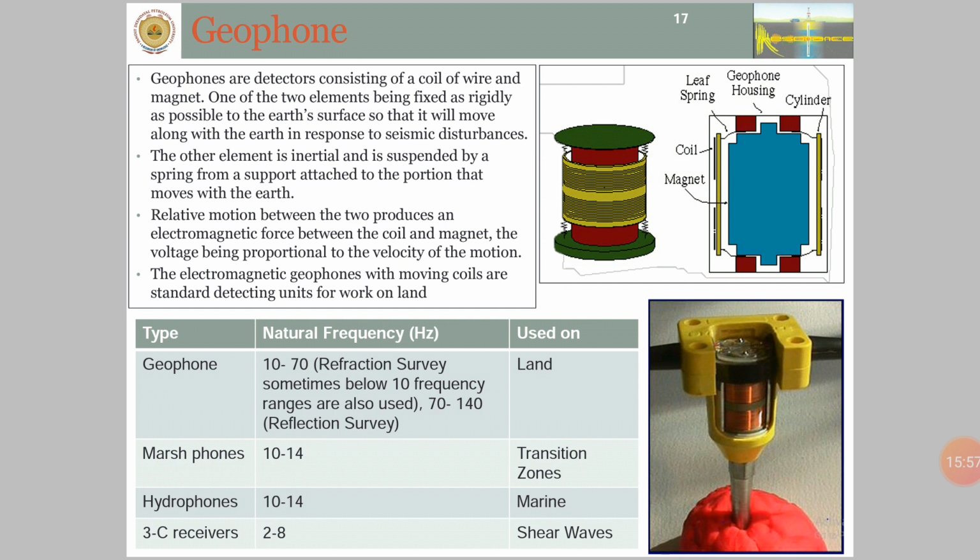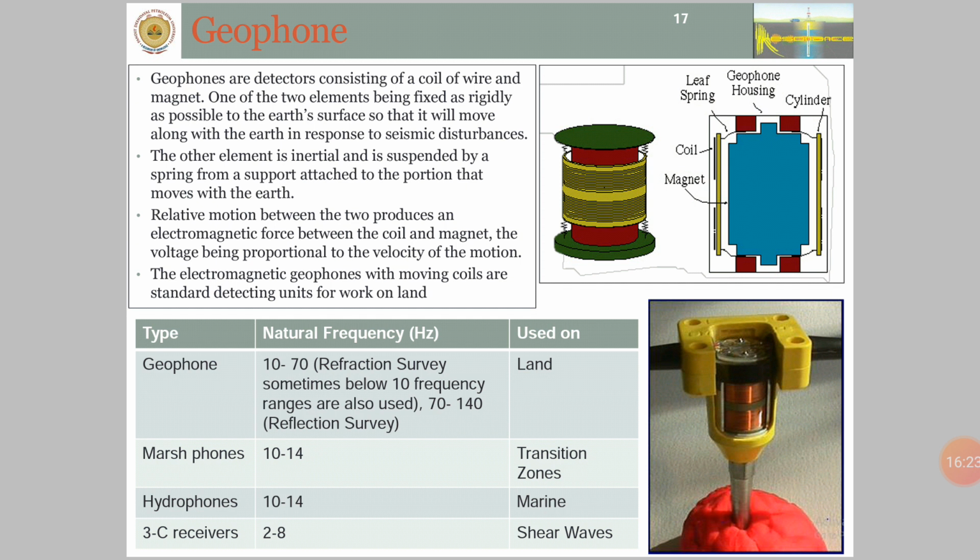The other element is inertial and is suspended by a spring from a support attached to the portion that moves with the Earth. Relative motion between the two produces an electromagnetic force between the coil and the magnet, the voltage being proportional to the velocity of the motion. The electromagnetic geophones with moving coils are standard detecting units for work on land.